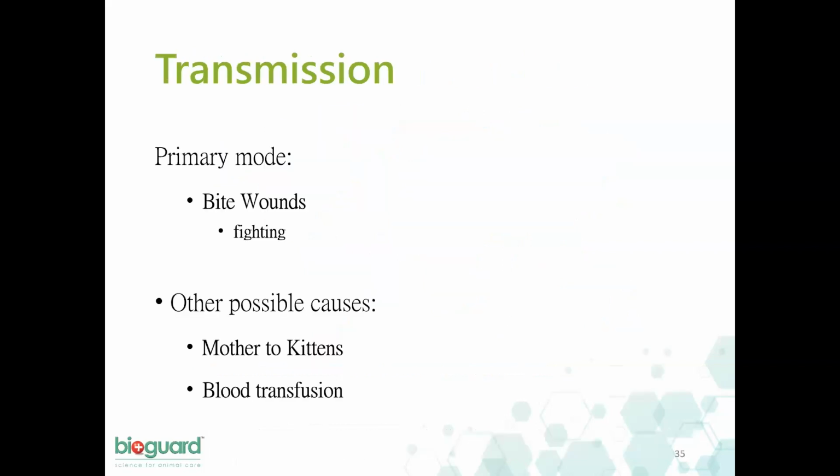Transmission. The primary transmission of FIV is by bite wounds. This mode of transmission often occurs among untutored adult cats with outdoor access, who are more likely to engage in aggressive behaviors such as fighting.